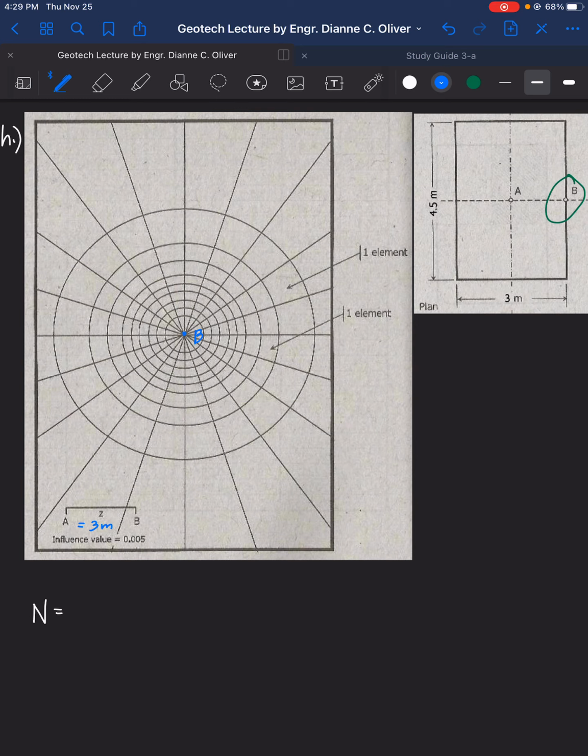So somewhere there. The B portion is somewhere. No, it's farther away. There.